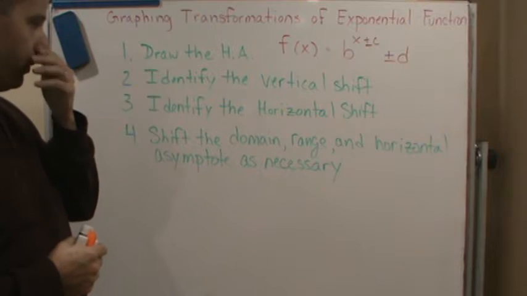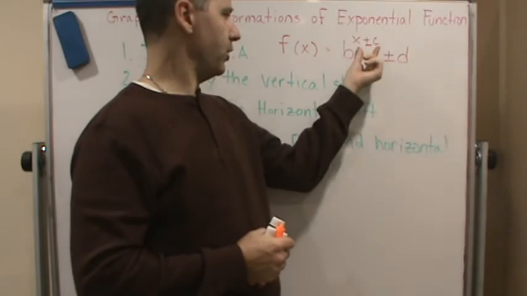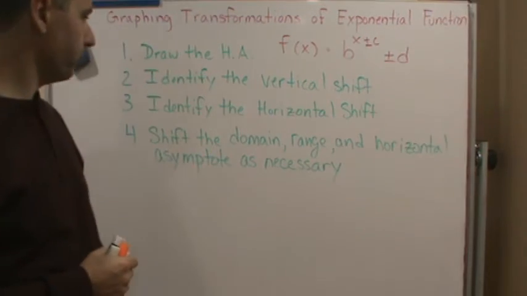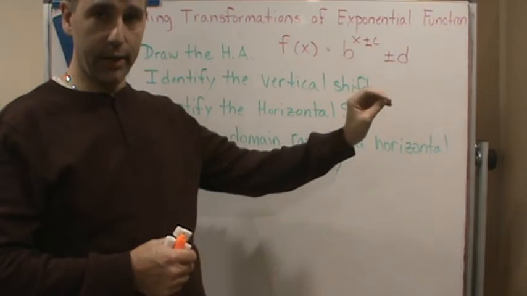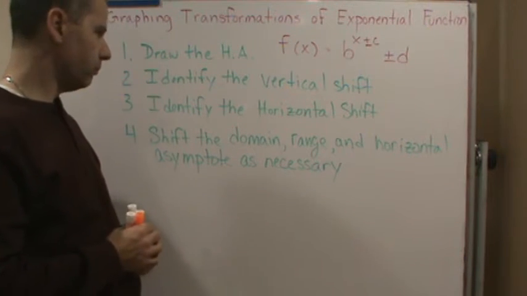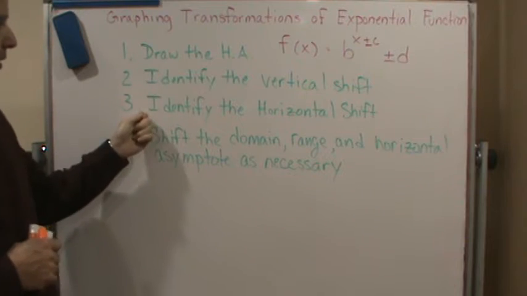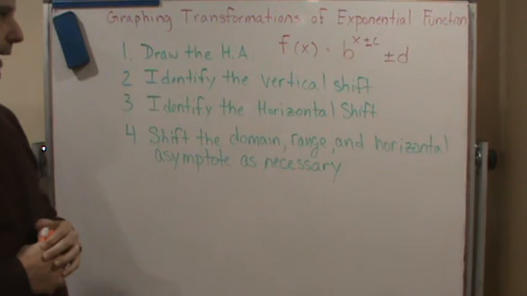If it's a subtraction, then you would move it down d units. So draw the horizontal asymptote first. Now what you want to do is identify the horizontal shift that's going on.